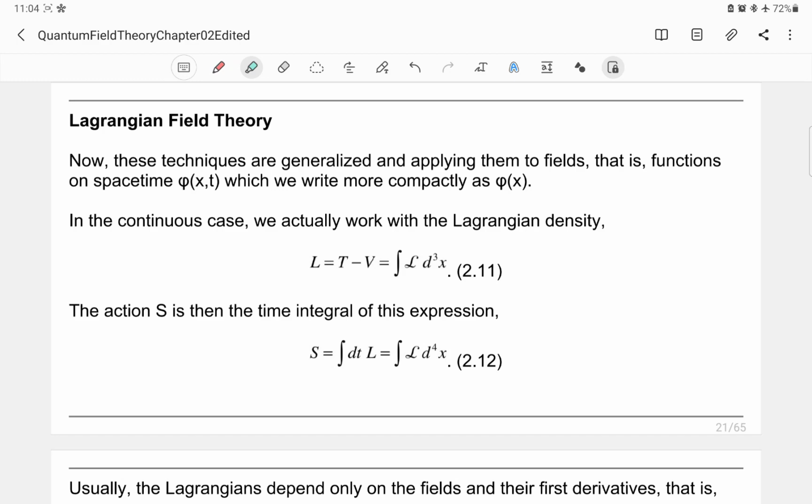So we are now dealing with fields, and this is a function of space-time. Or we can write this more compactly as this one. The x there could be time, or space, or time and space.